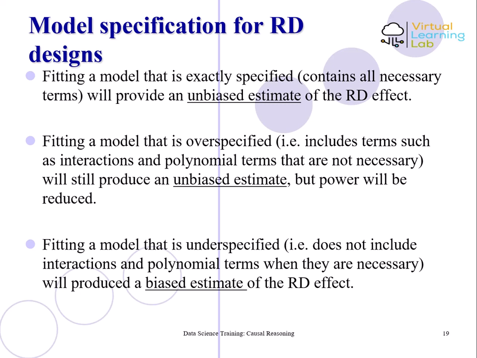If the model is underspecified, so it doesn't include nonlinear relationships or interactions, you get a biased estimate. However, if it's overspecified, your estimate of the local average treatment effect is still unbiased. Therefore, there is an incentive here to over-specify, to protect against bias that comes from misspecifying the model.